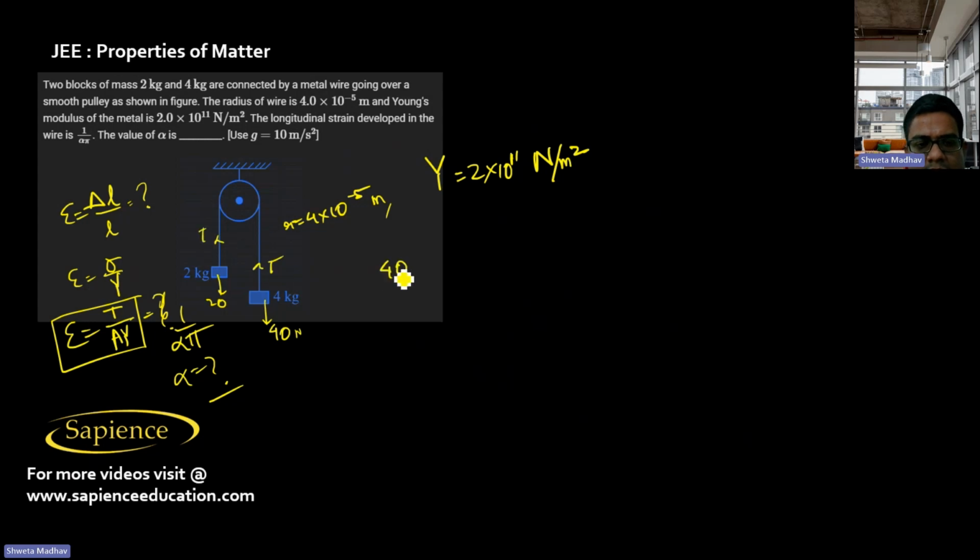So you can say 40 minus T is equal to 4a, and T minus 20 is equal to 2a. Now we have to cancel out this acceleration, or simply if we add them, then T will get cancelled, and we'll get 20 is equal to 6a.